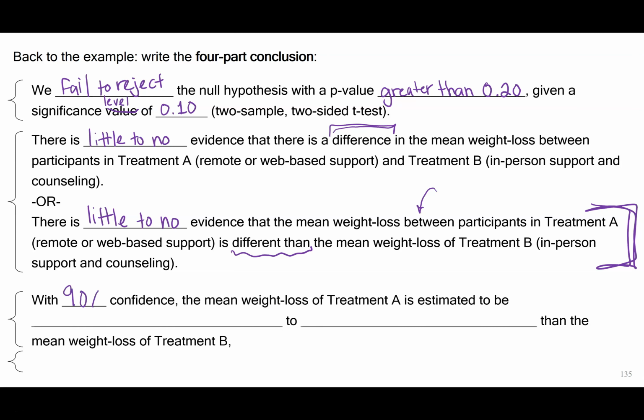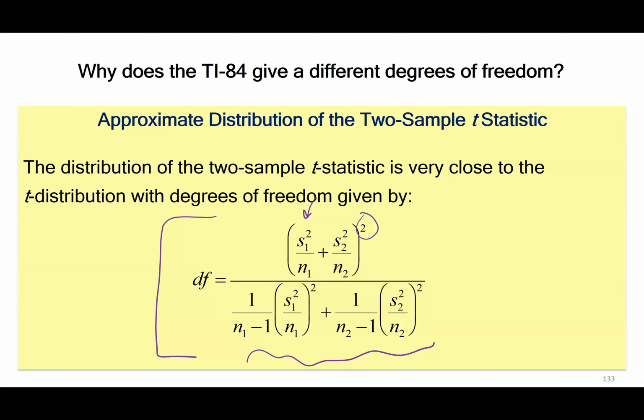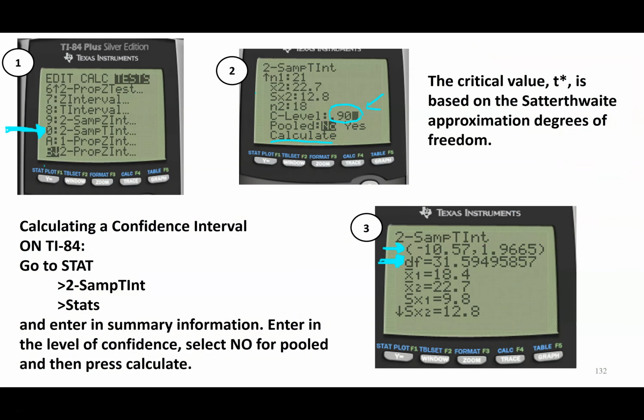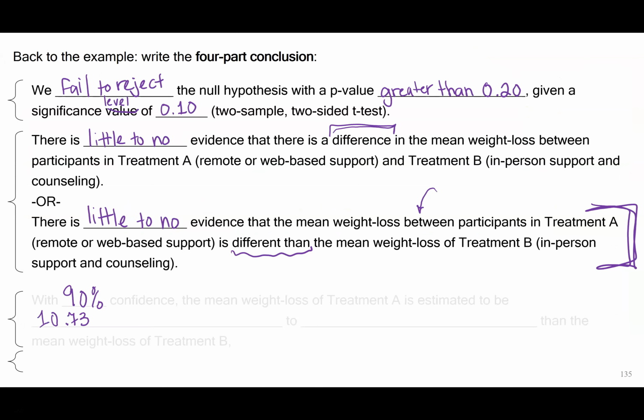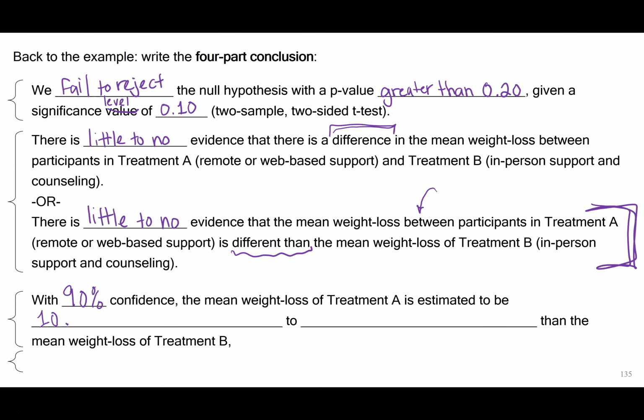So with 90% confidence, the mean weight loss of treatment A is estimated to be, and here's where it's super important to remember which one's higher or lower. So we said it was estimated to be between 10.57 pounds.